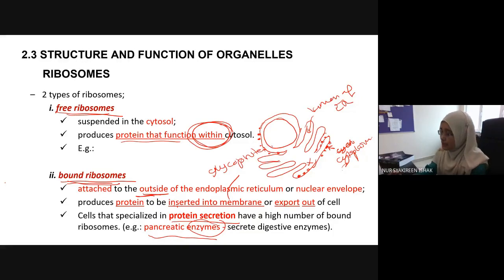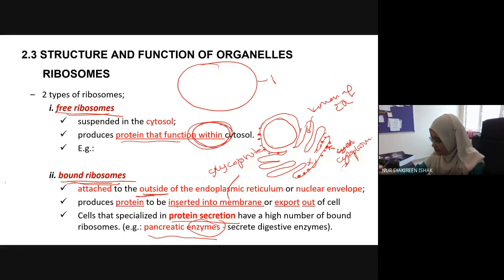In your cell, this is the plasma membrane. In your plasma membrane there will be a type of protein that is embedded in the plasma membrane, and it has carbohydrate attached to it. So we call it glycoprotein.